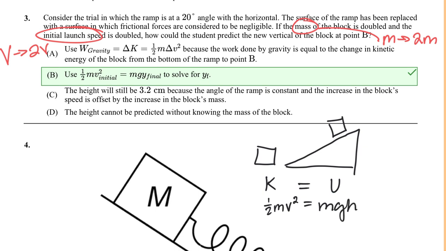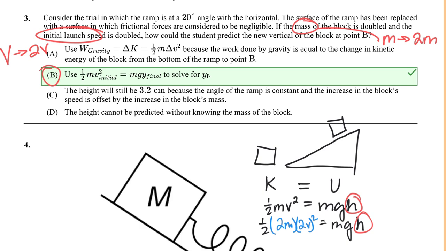I solve for h right over here to find height, but it wants us to double the mass, so 2m, and then double velocity, so 2v squared. Okay, so we don't really need to go that far, but if we ever did, this is what we have to do to find height, and then we would solve for height. So it's going to be B.